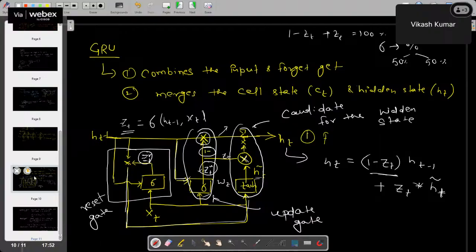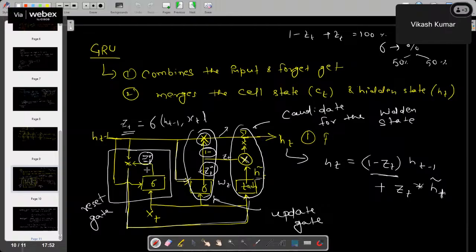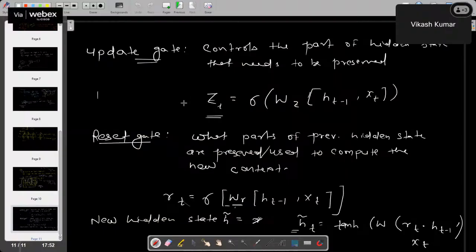So if you look at this example, the number of parameters that we learn is reduced. We need only two gates, the reset gate and the update gate. So the parameters are now reduced.